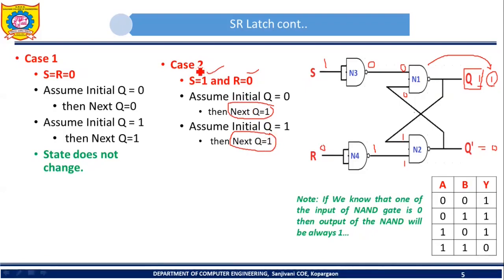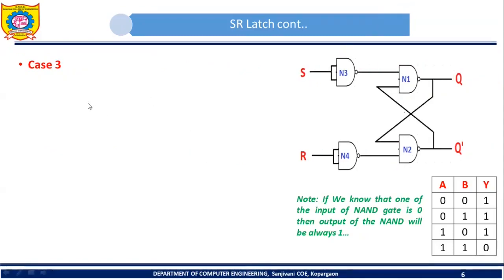So I can say that this particular case corresponds to the set state, because if I apply this input S equal to 1 and R equal to 0, then the next state of the SR latch will always be 1. So if S is 1 and R is 0, then in this particular memory cell, which value will be stored? 1.